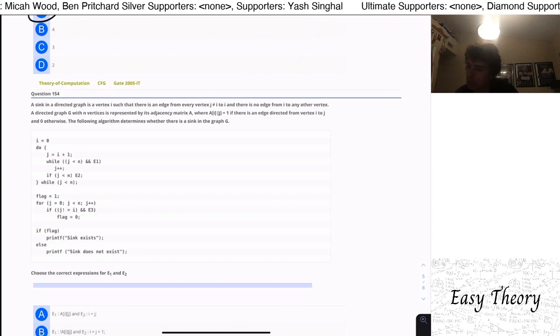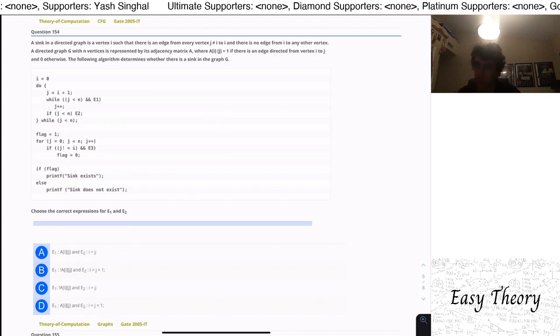A sink in a directed graph. I'm not sure why we're talking about directed graphs now. The following algorithm describes how to do that. Choose correct expressions for E1 and E2. Oh, okay. It would be E1.